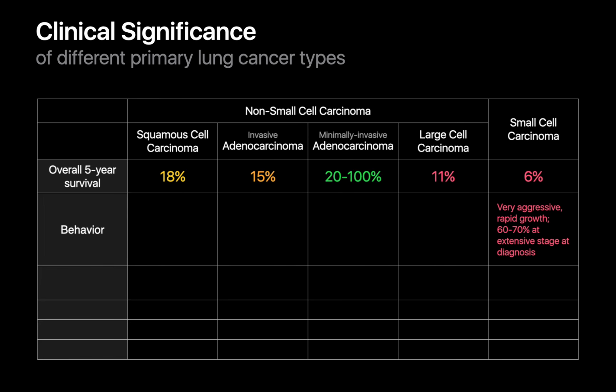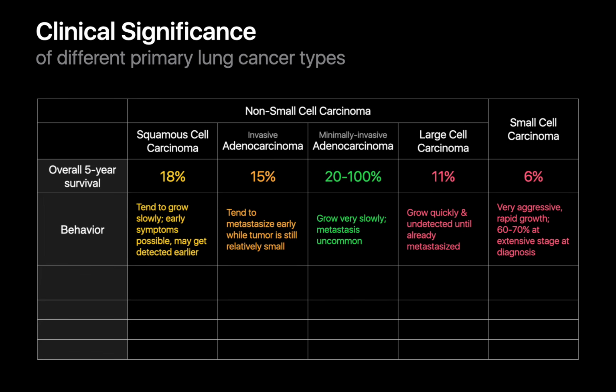On one extreme, 5-year survival rates for minimally invasive adenocarcinoma can range from 20% to as high as almost 100%, while 5-year survival rates for large cell carcinomas aren't much better than for small cell lung cancers because minimally invasive adenocarcinomas tend to grow very slowly and metastasize infrequently, while large cell carcinomas grow quickly and are usually not detected until they've already metastasized. So, knowing which bucket a patient's lung cancer is in may have an important impact on establishing what their prognosis may be.